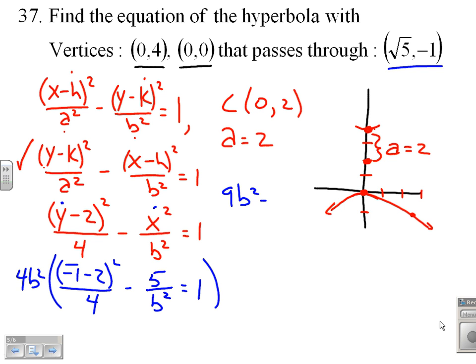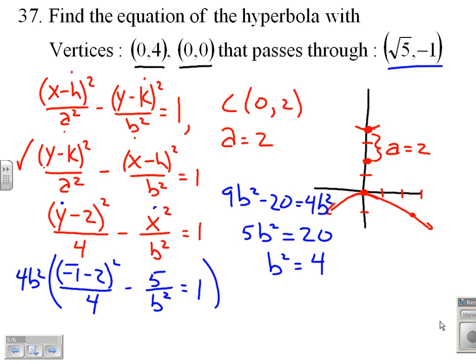Minus, as I distribute to my next term, the b²'s cancel, I get 20. And then distribute 4b² to the other side, equals 4b². And now I just solve for b². So I subtract 4b², I get 5b² equals, add 20 to the other side, 20, and b² equals 4.